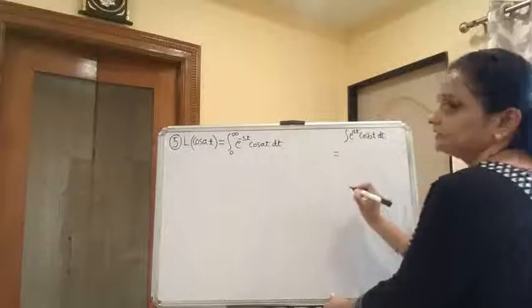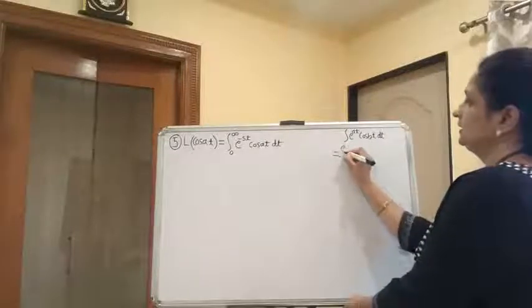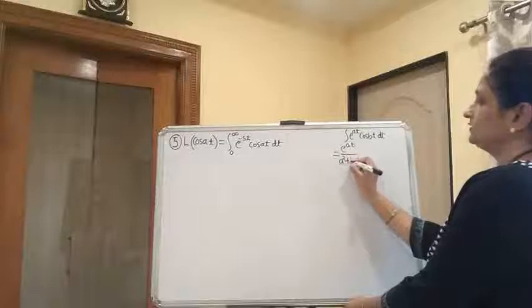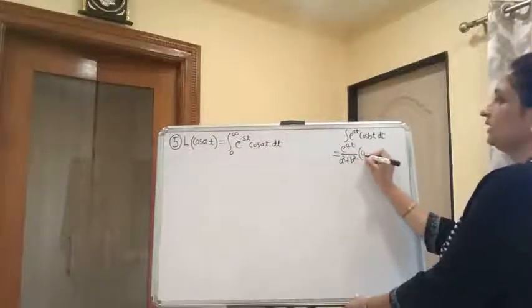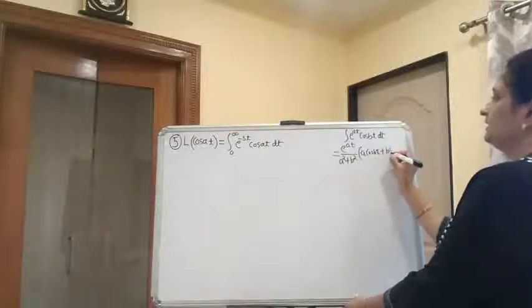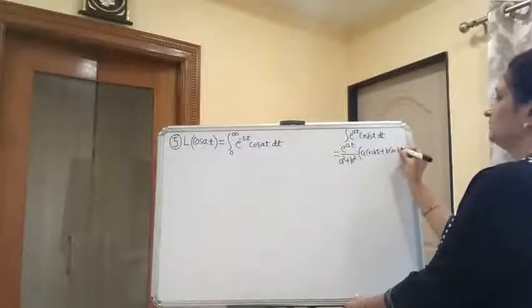And the formula to integrate this is e power at by a square plus b square into a cos bt plus b sin bt.